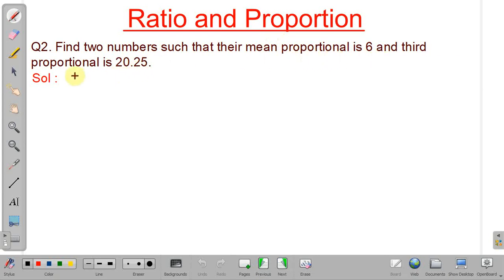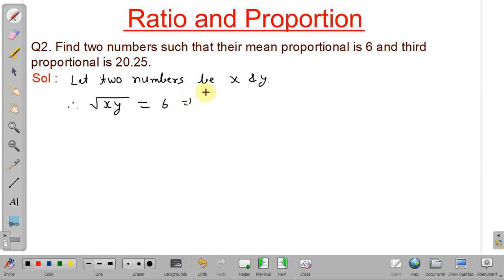So we will assume the numbers as x and y. Let the two numbers be x and y. Okay, so mean proportional is given. Mean proportional is nothing but under root xy, and it is given as 6.